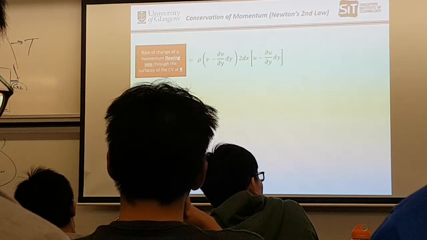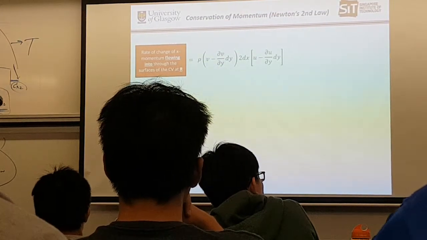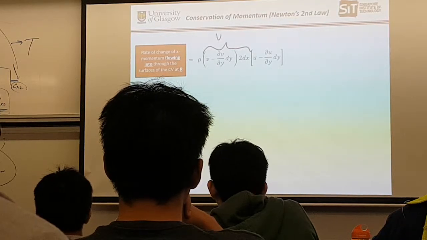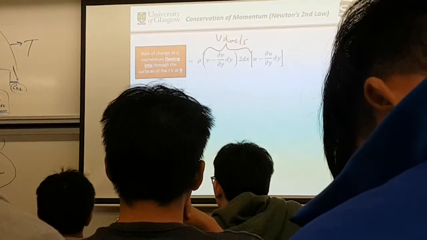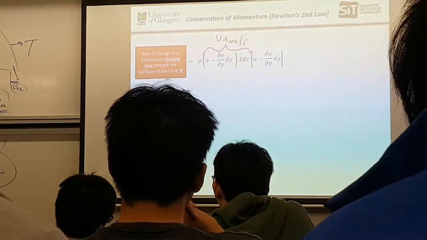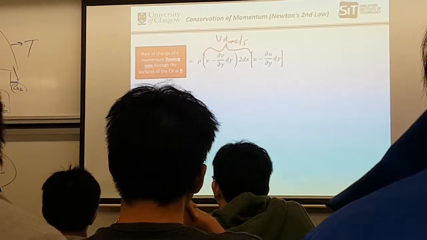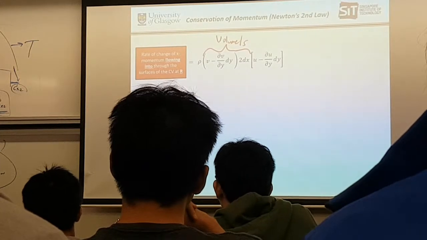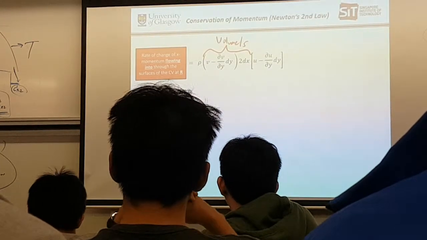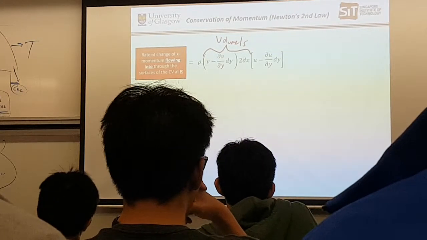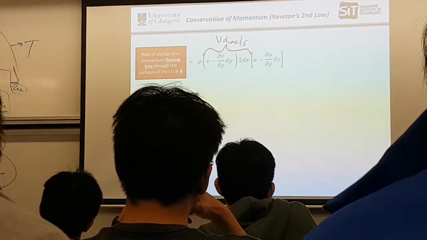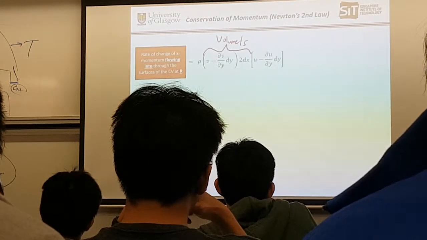So in essence, this is also your volume per second, because it's the length times the breadth, or the length times the width if you want. So that's a change of volume with respect to time. And you take density times volume, you get mass per second. And this is your velocity.